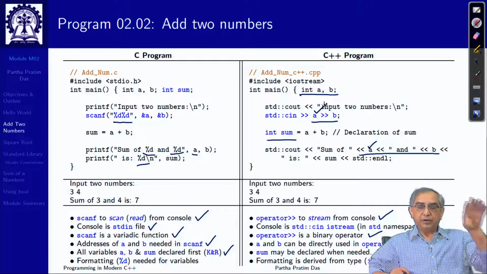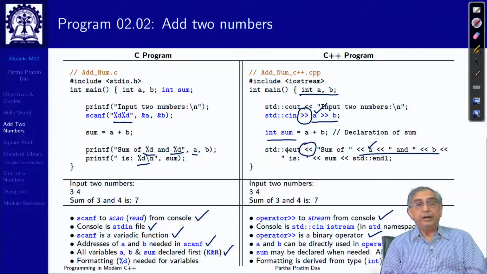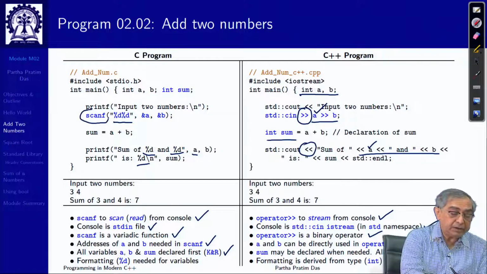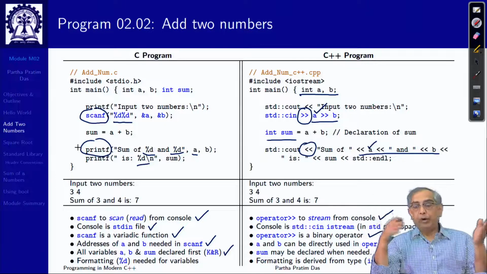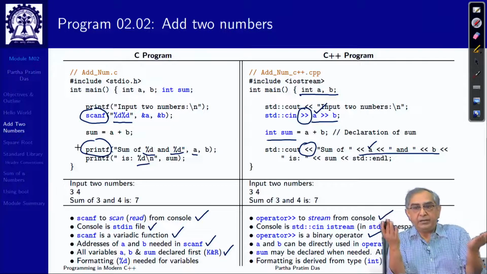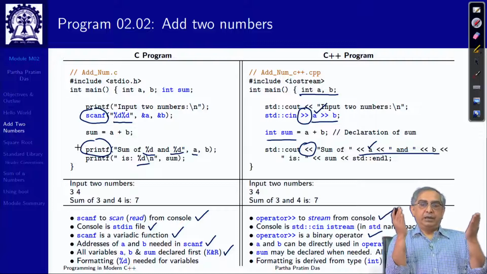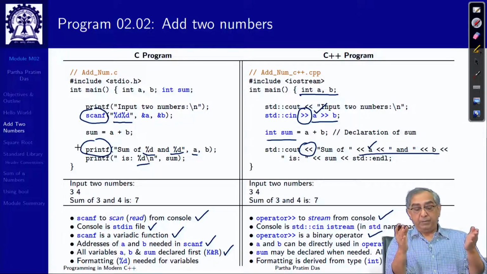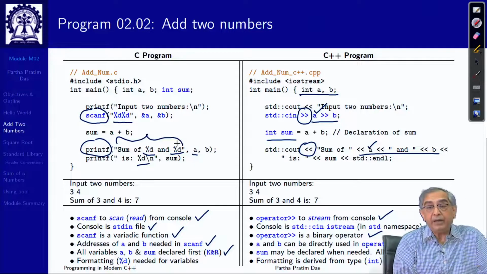This is possible because you have these operators, and it was not possible because these were variadic functions, which had no way of knowing what your parameters and what the types of those parameters are, because it is variadic. There is no signature which says this is the type of the parameters it is getting. So, it knows that it will get a constant string at the beginning, which is a format.